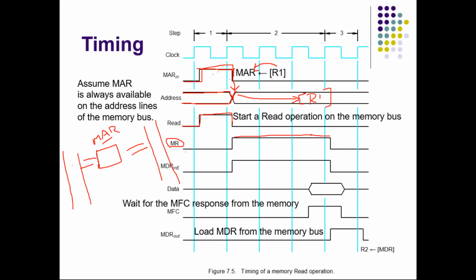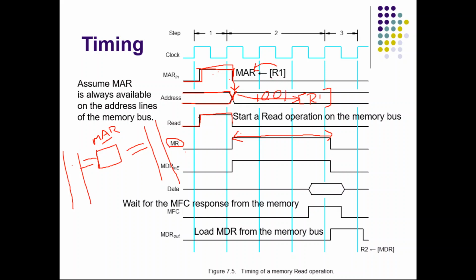Whatever address is represented by the address bus, that is R1, the address that is available in the address bus now. For our understanding, let us say this address is 1001.